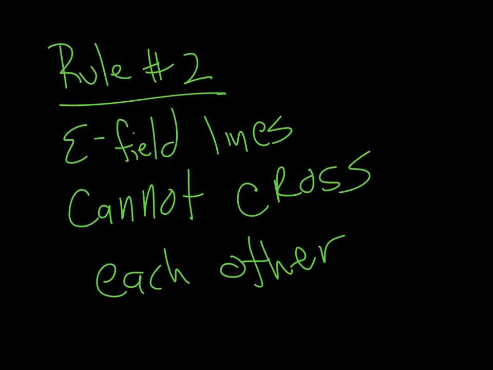That's why I drew the ones earlier where I had the 2 plus charges, where the lines come and curve, and they come and curve, but they meet up with that little line, and if you remember from math, that line would be called an asymptote, but they never cross each other. They get really, really close to each other, but they do not cross. So that is rule number 2. The lines cannot cross each other.